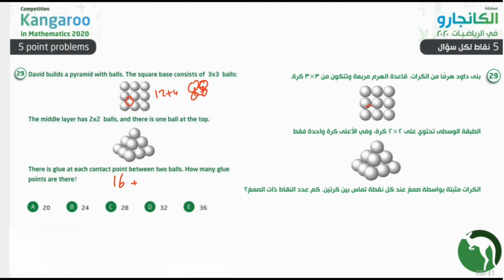So 4 multiplied by 4 is 16, and the ball at the top has a connection with the second layer, so it has 4 connections because we have 4 balls under it. So this is the total number of contact points. Now if we sum all of these numbers, we'll obtain 36, and E is the correct answer.